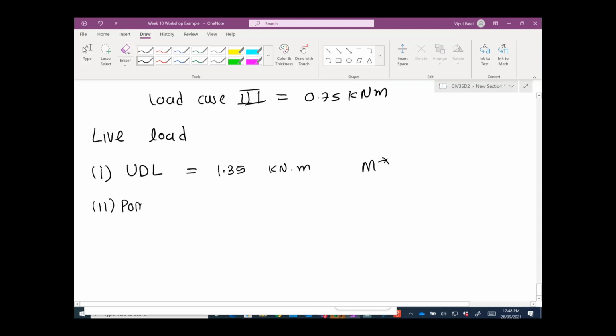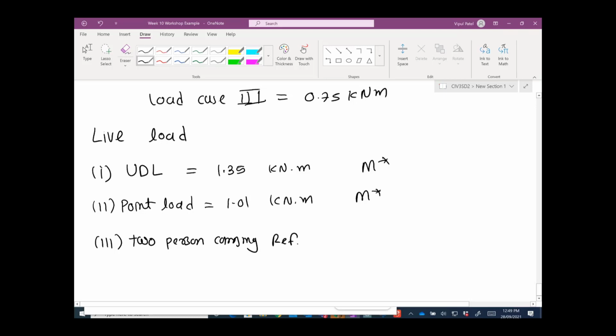Second, you have a point load, live load, and that is 1.01 kilonewton meters. The third live load case, 2 people carrying the refrigerator, you have 0.75 kilonewton meters, that is the M star.